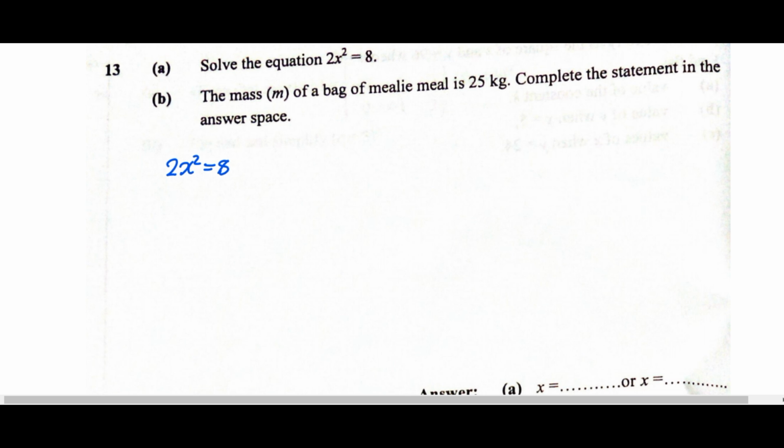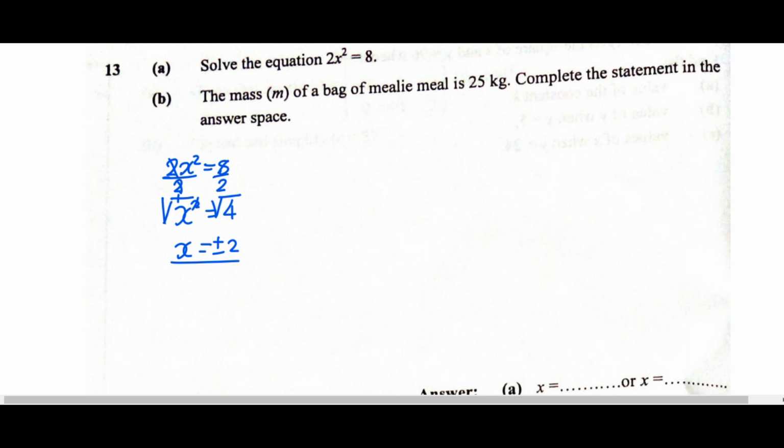We divide first by 2, also we divide by 2 here. So we have x squared is equal to 4. Then we take the square root on both sides. So we have x is equal to plus or minus 2.